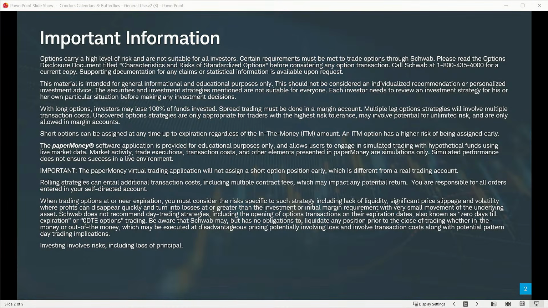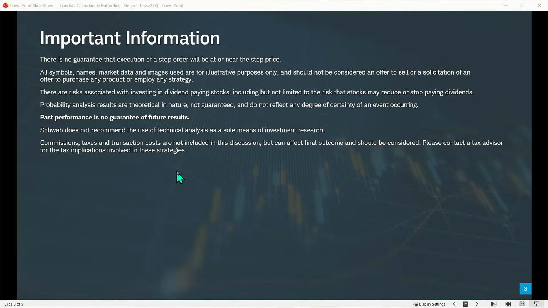It does not assign short options early. Your real account will. So just be aware of that. All investing involves risk, including risk of loss. Past performance is no guarantee of future results. Stop orders do not guarantee that you're going to get out at or near the stop price. And Schwab does not recommend the use of technical analysis as the sole means of investment research.